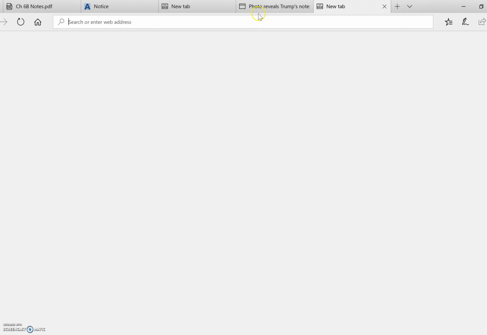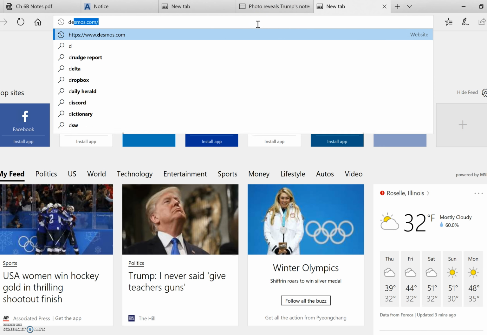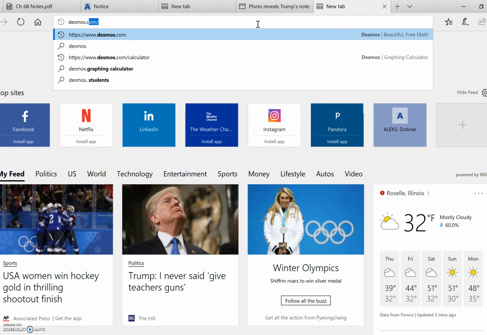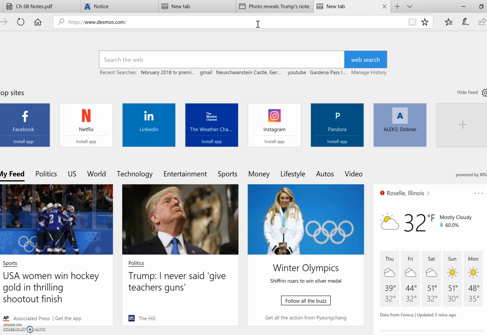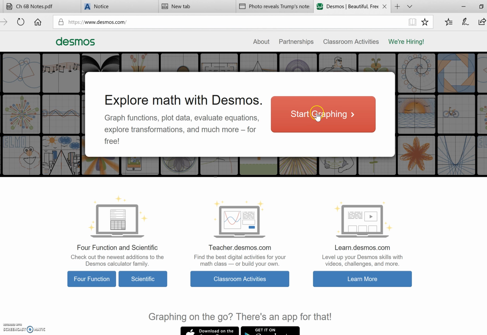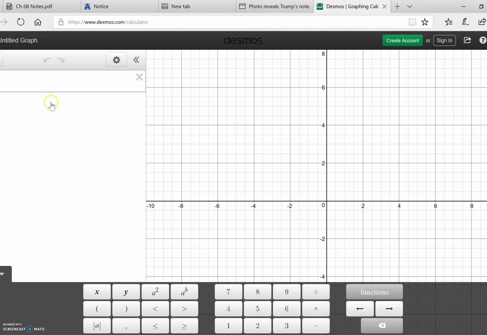And I'm going to get this thing typed in, just desmos.com. And it will say start graphing. And then we're going to be able to, of course, just get started here.